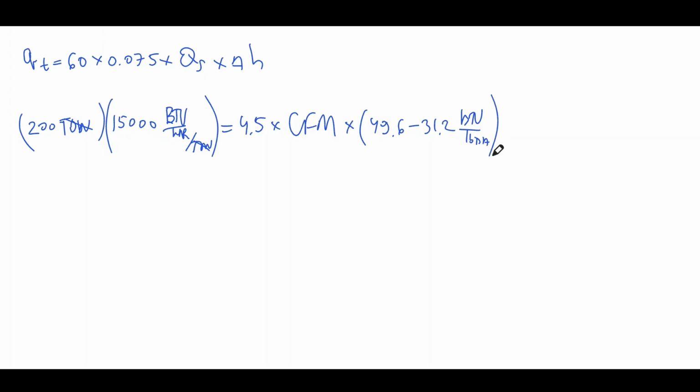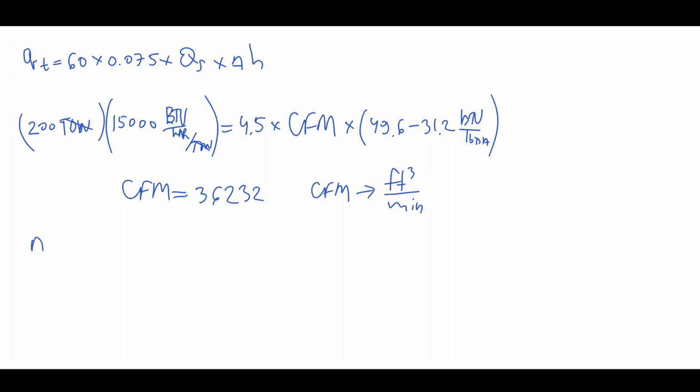I don't really concern myself with units here, since the 4.5 includes a conversion factor. So basically, if you follow this formula, you're just going to get CFM, which in this case is going to be 36,232 CFM. Now, CFM, for those who do not know, is basically cubic feet per minute, which is volume flow.